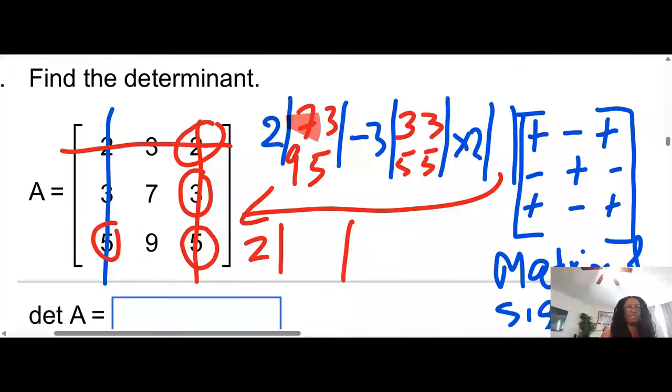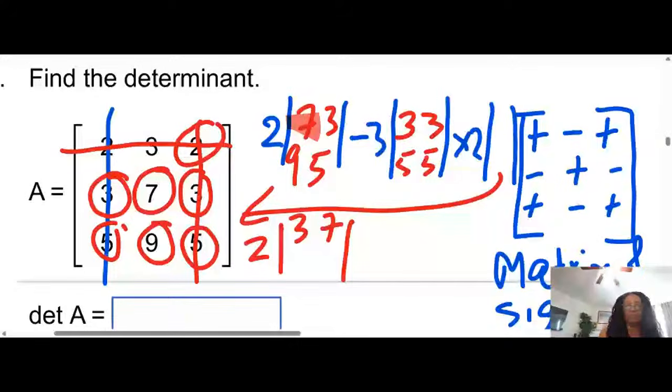So the members of this matrix are 3, 7, 5, 9. Why? Because they are the remainders after I do the vertical cancellation and horizontal cancellation. Okay, now it is time to evaluate the determinant.